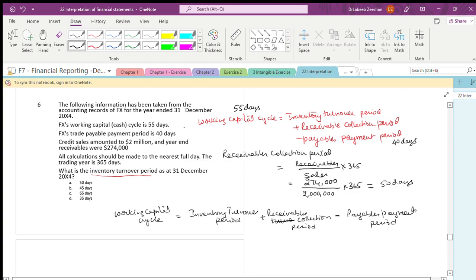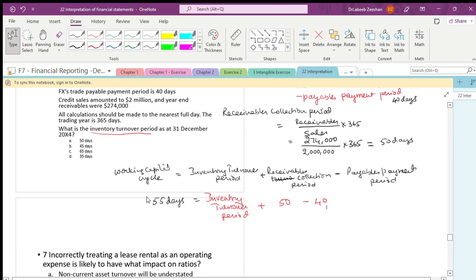Now they have given 55 days for this. This is 50. We don't have the inventory turnover period. Plus receivables are 50, minus payables are 40.